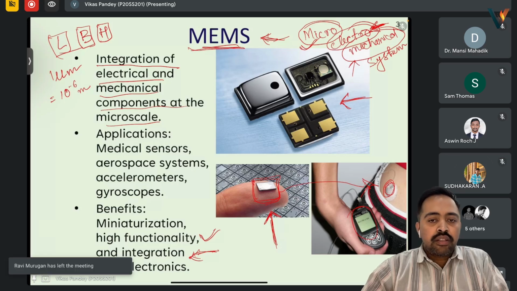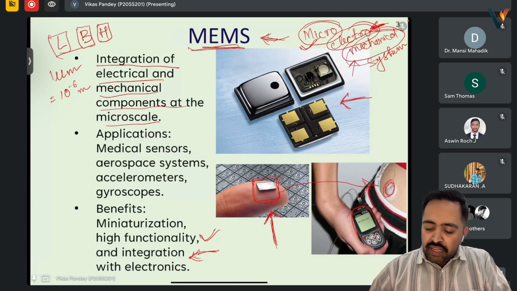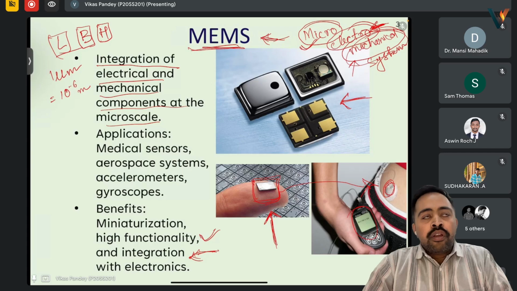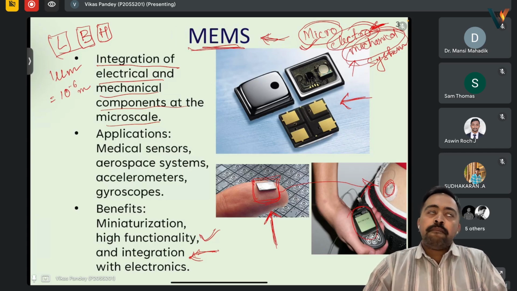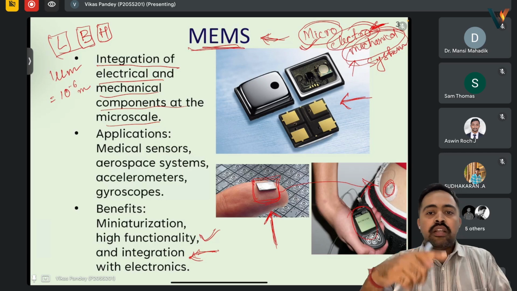Integration with the electronics. See, when we talk about mechanical systems, traditionally they were mostly independent. They didn't have electronic systems, like a display.